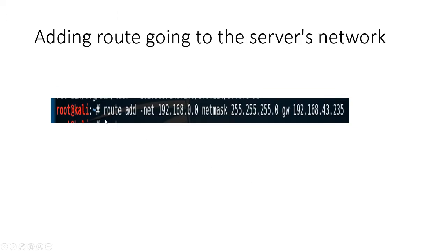Then I enter this command to add the route going to the server, which is 192.168.0.0 with a netmask of 255.255.255.0, and I also put the gateway, which is the other side of the router, which is 192.168.43.235.